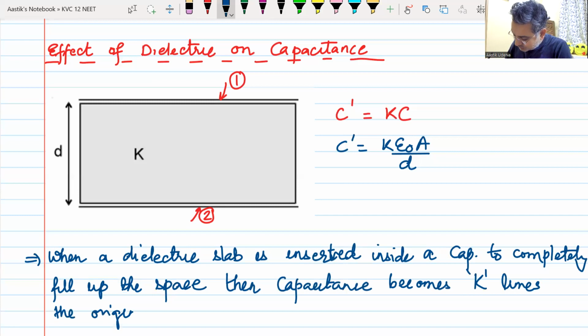We have seen that before also, yes or no? Then the capacitance becomes K times the original value.